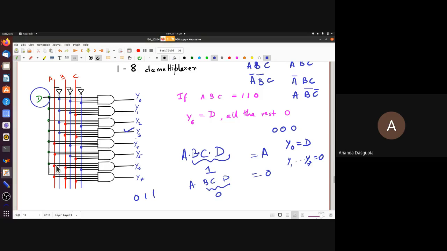Y6 is going to get D, everything else is going to get 0. So this input D, whether it's 0 or 1, will go through Y6 if you have 110 as your control ABC. So the control bits ABC have 8 possible values, and those 8 possible values dictate which one of the outputs gets the value D. So you can guide your output to any one of the possible outputs. This amount of control is essential for a computer to work.